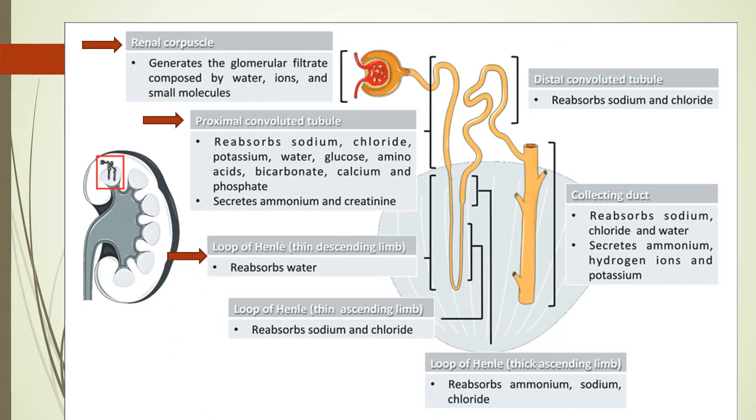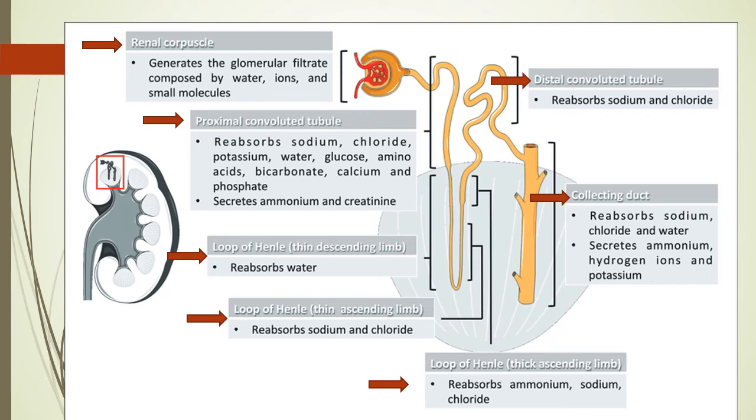Loop of Henle, three main actions. It can reabsorb water or some ions, sodium chloride, and also ammonium. Thin ascending and descending, and then the thick ascending limb. Okay. Now the last part, distal convoluted tubule again reabsorbs sodium and chloride. Last, the collecting duct reabsorbs sodium chloride and water and secretes ammonium, hydrogen ion, and potassium.